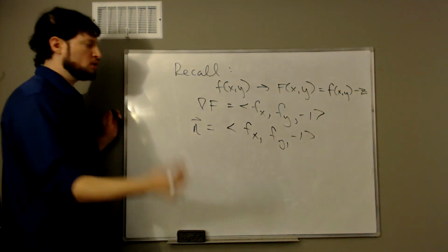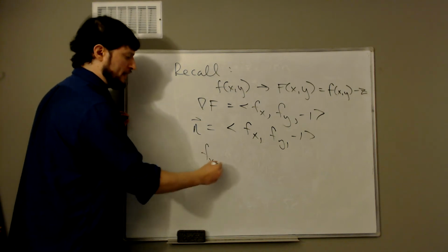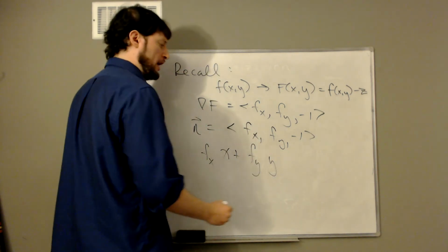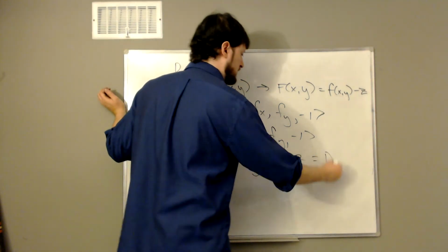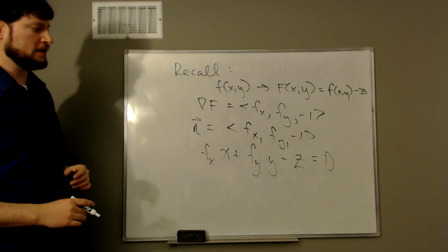Which means when I go to write down the tangent plane, I'm going to get f sub x times x plus f sub y times y minus z is equal to some constant on the right. And I don't even care about what that constant on the right is.